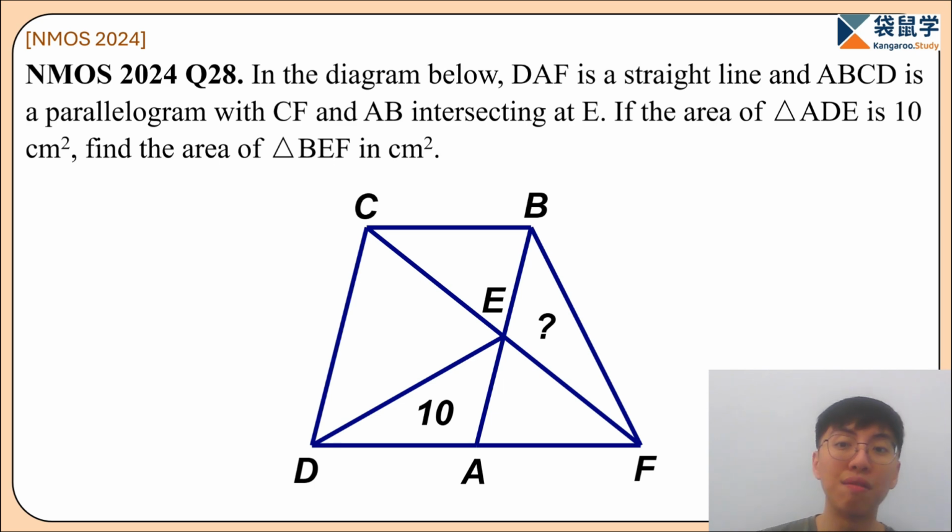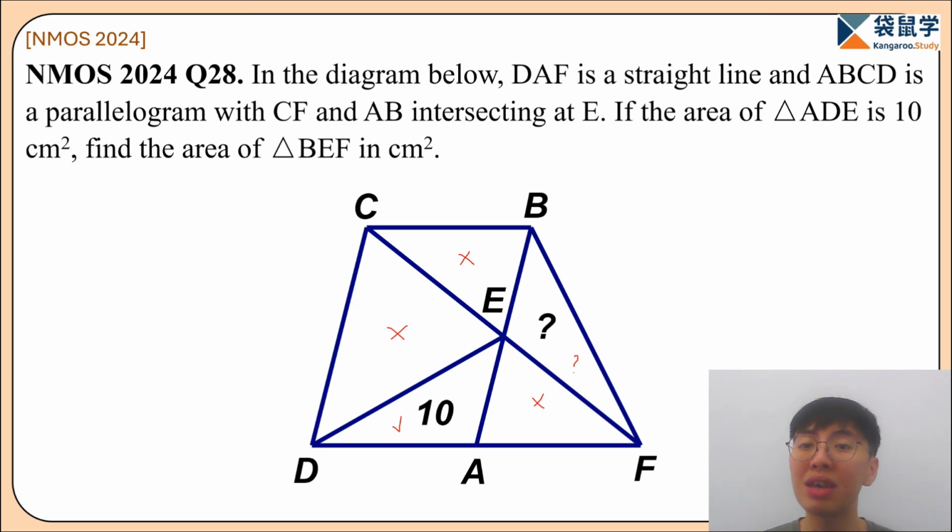We have the area of triangle ADE, which is 10 here. And we are asked to find the area of triangle BEF, that is unknown. For this question, this is the only information that it has given us. We do not have the area of the triangle CDE, we do not have the area of triangle BCE, and also AEF.